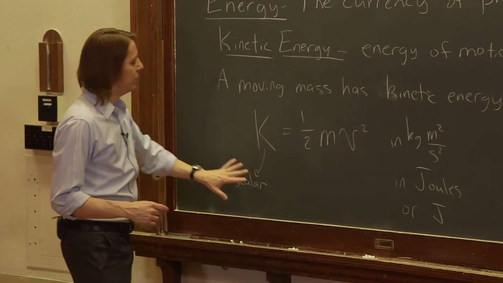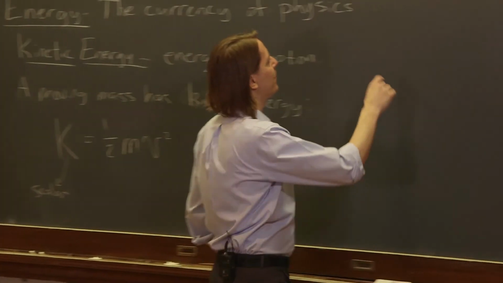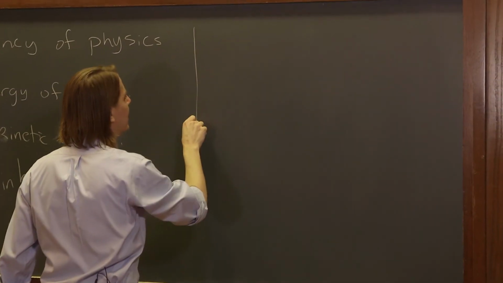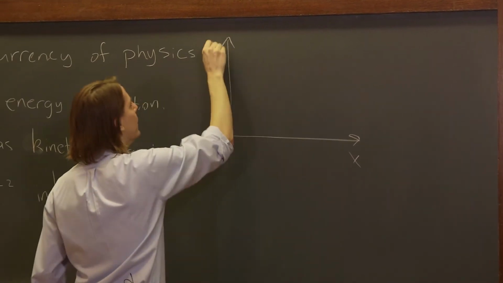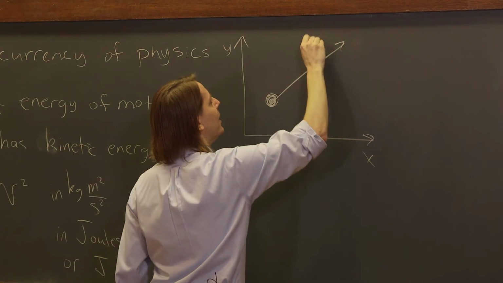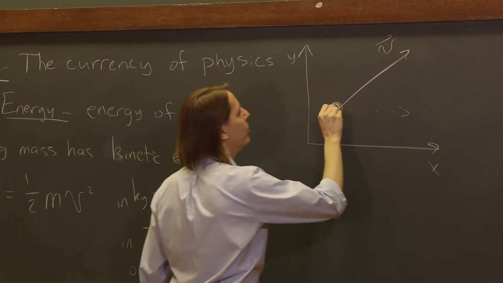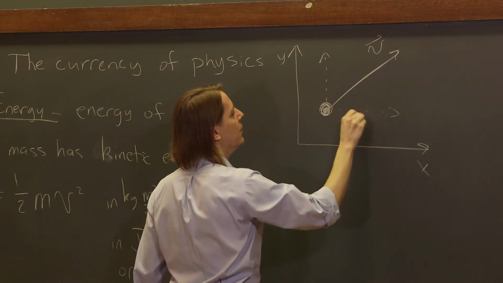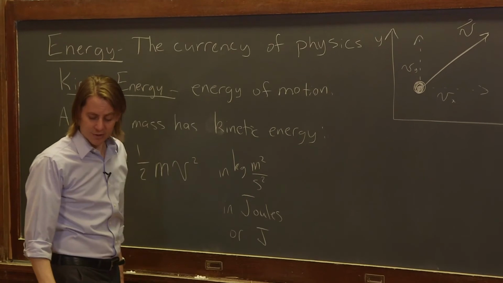Okay, getting back to this issue, it's a scalar. Velocity is a vector, so let's think about that. Let's remember the difference between velocity and speed. If I have Hal here and I free Hal to move around on the two-dimensional plane, we know that he might have a velocity with components both in the x and the y, right? We know that's the case.